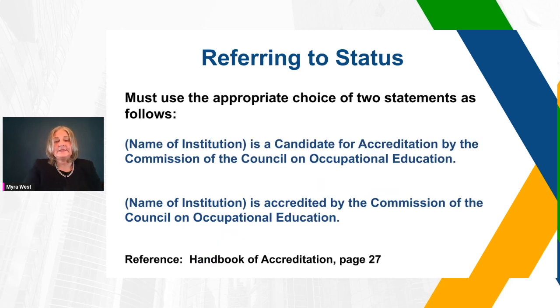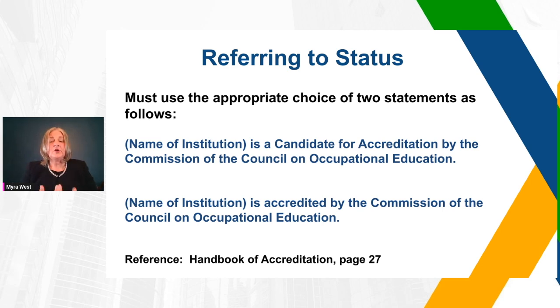If you are a candidate or an accredited institution and you make reference to your status with the Council on Occupational Education, you must use one of the two following statements: the name of your institution is a candidate for accreditation by the Commission of the Council on Occupational Education.